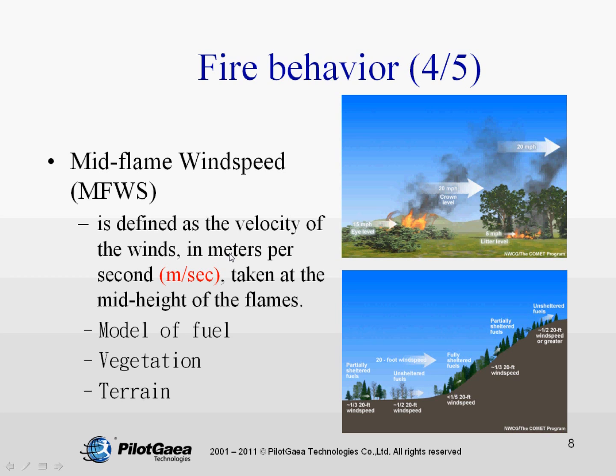When the speed is high, the spread is also fast. The speed may be affected by the fuel model, vegetation, and terrain. For example, if the plants are dense, or the terrain has obvious height fluctuation, the movement of wind will be blocked. Therefore, the speed will be slower. If the region is plain, the wind speed will be higher.